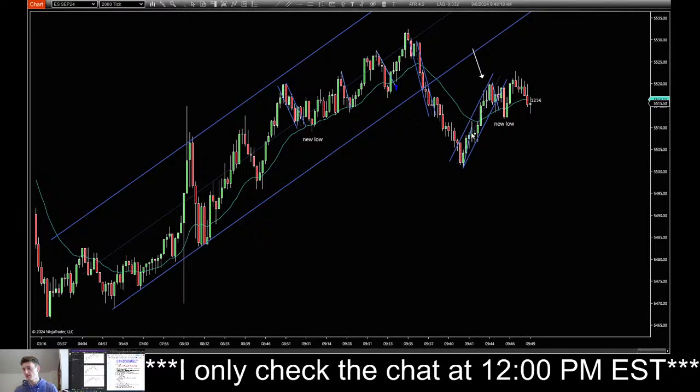All right, so now that this uptrend has a close outside and a new high, let's see if price is going to hold the EMA or not.